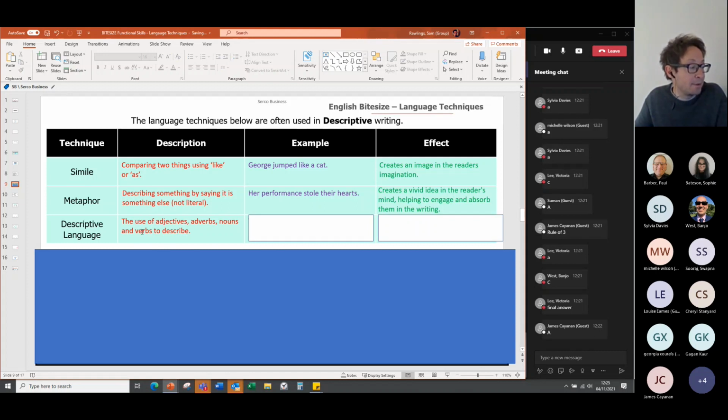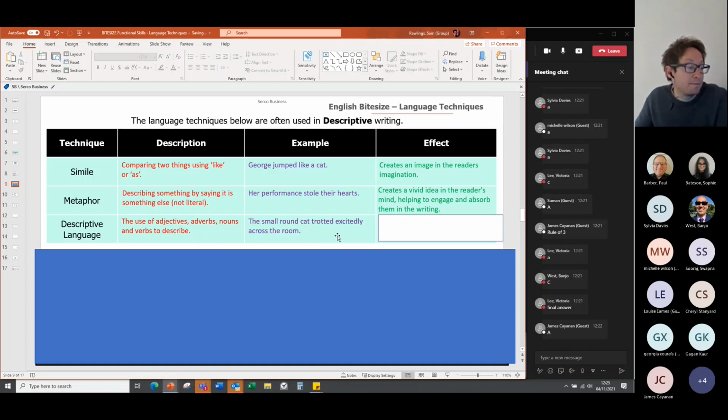If I wanted to make it a bit more descriptive, I might say I rushed to the shop, or I tiptoed to the shop, because they're a lot more descriptive and they give you a bit more idea of the way that action is carried out. But if you're not familiar with what adjectives, adverbs, nouns and verbs are, do a bit of research and find out, because that's something you'll need to know.